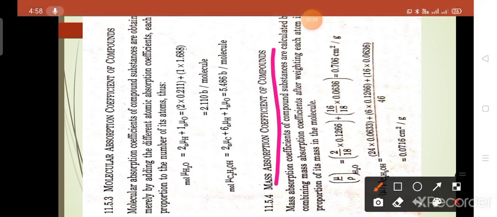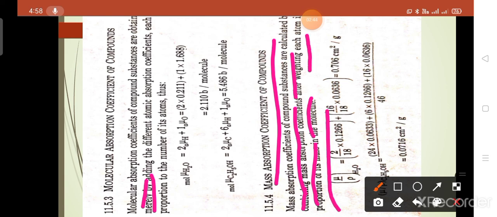Then the next point is the mass absorption coefficient of the compound. The mass absorption coefficient of a compound substance is calculated by combining the mass absorption coefficients, after weighting each atom proportional to its mass in the molecule.